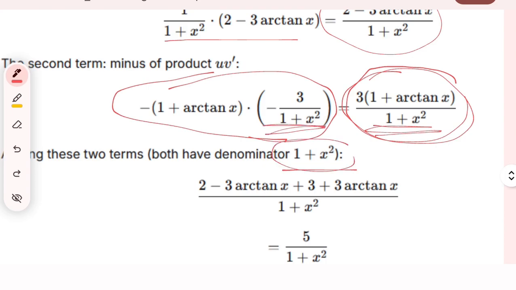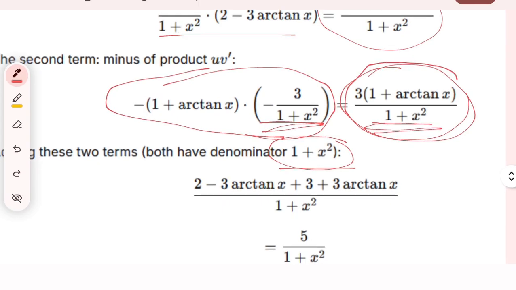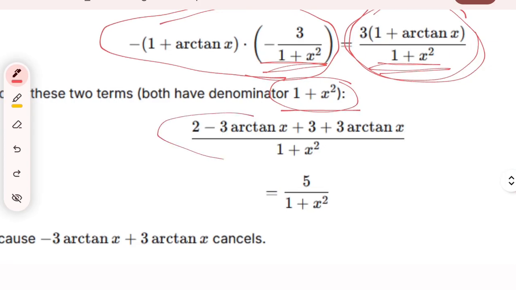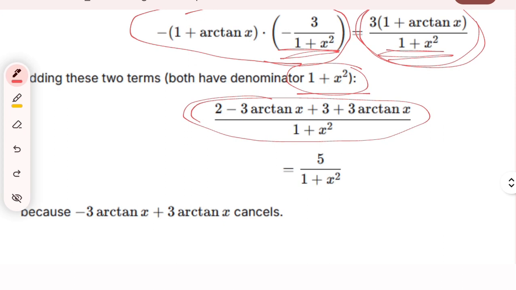That means 1 plus x squared is common in both of the terms, so you can put them together like this. This is the two terms placed together, when you simplify it.